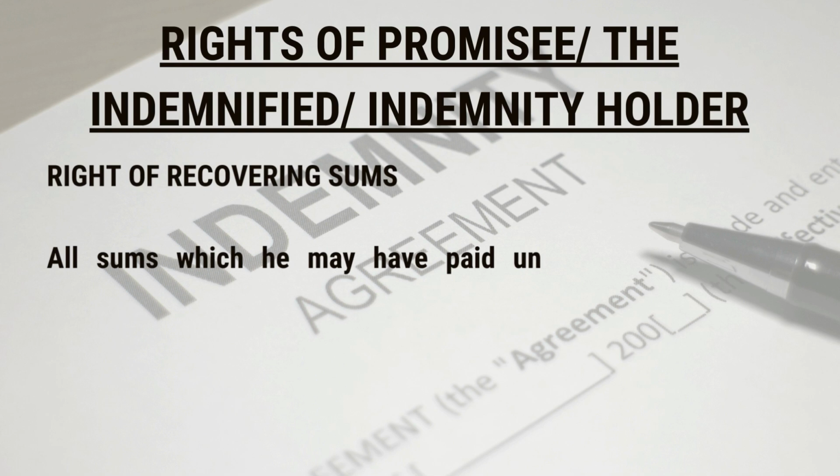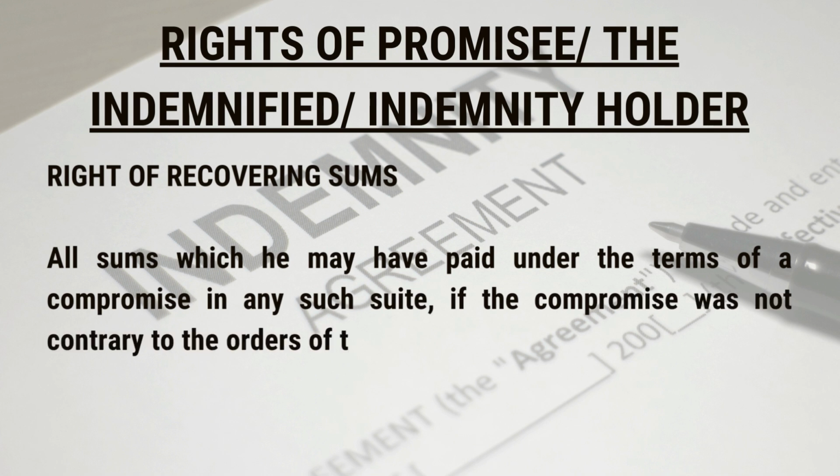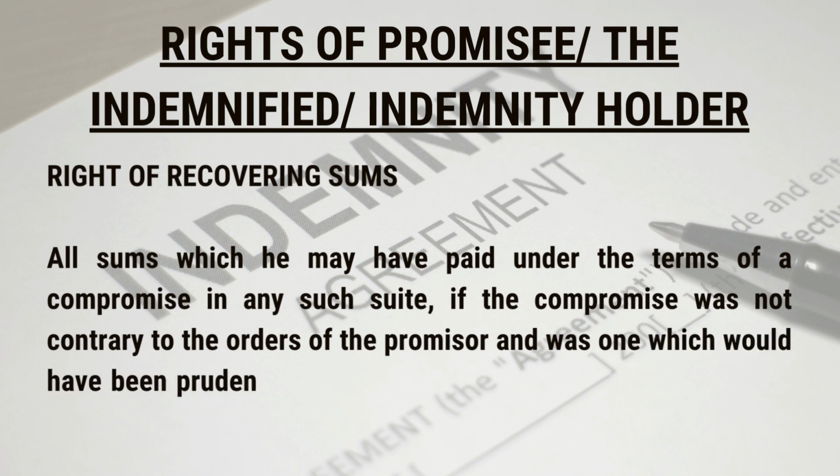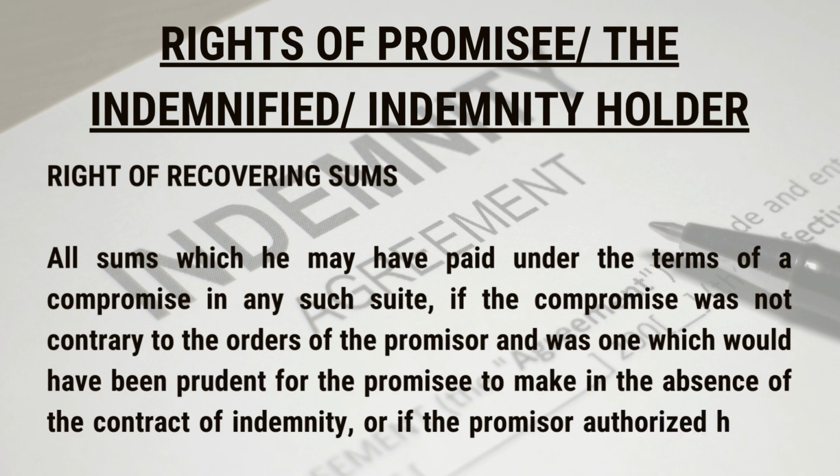All kinds of sums which the promisee has paid under the terms of a compromise in any suit, if this compromise was not contrary to the order of the promisor, then the promisor has to make that good. So he has to bear all these charges, that is damages, cost and sums.